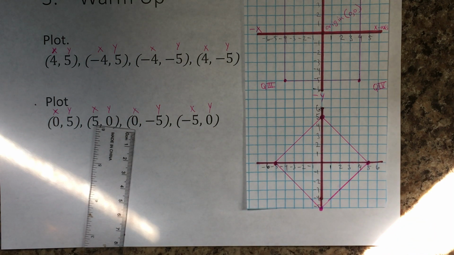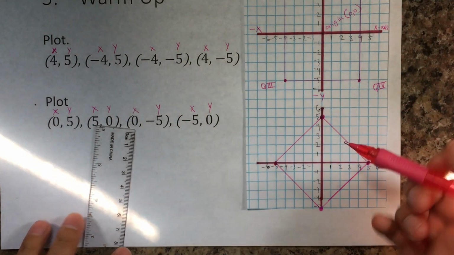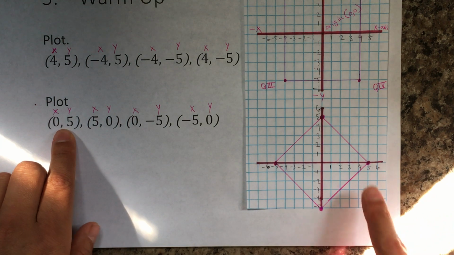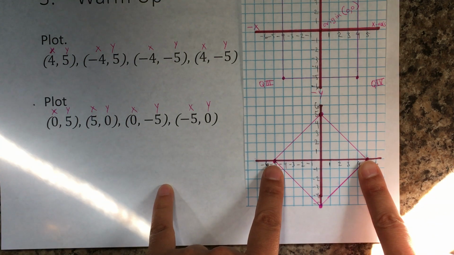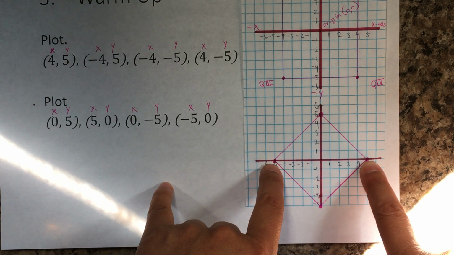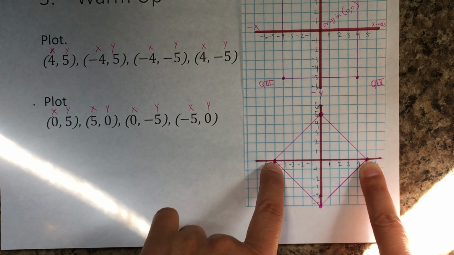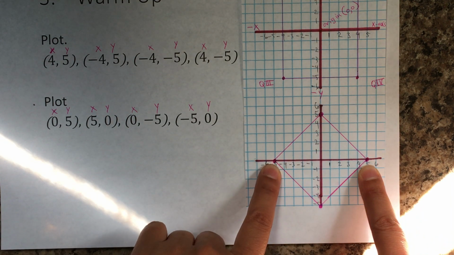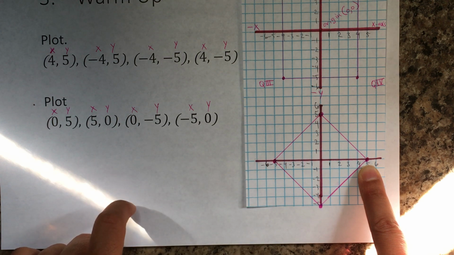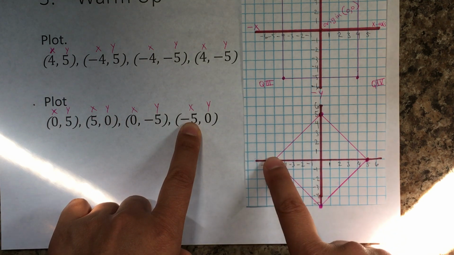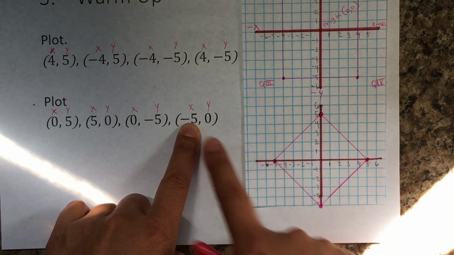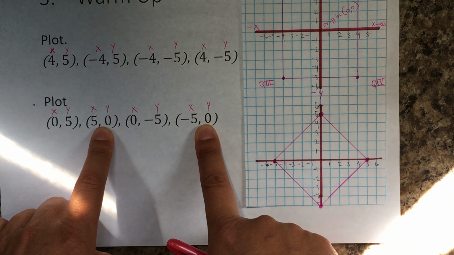I want you to see the relationship that for these 2 points that are apart from each other, they're away from each other exactly the same amount of points. Where are they? So -5, 0 is right here, and then +5, 0, it's these 2 points.